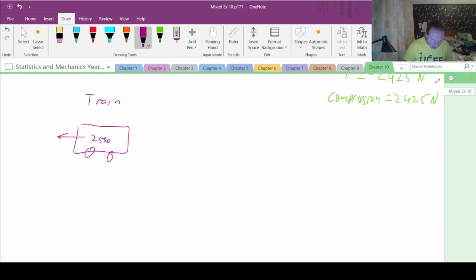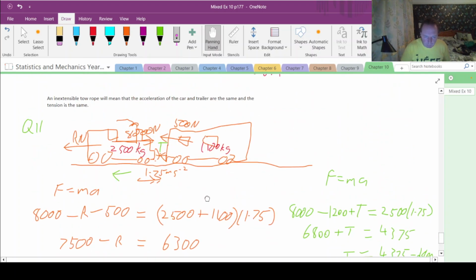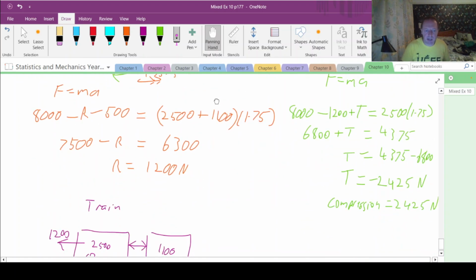And it's got a resistance of 1,200. It also has, we've got this coming in here for the shunt. Okay, we've got the 1,100 on there, and 500 newtons this way.